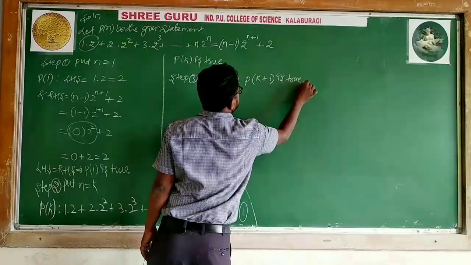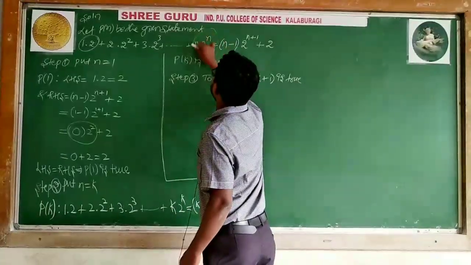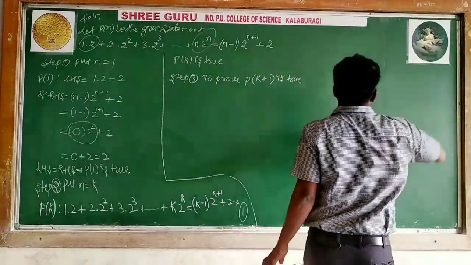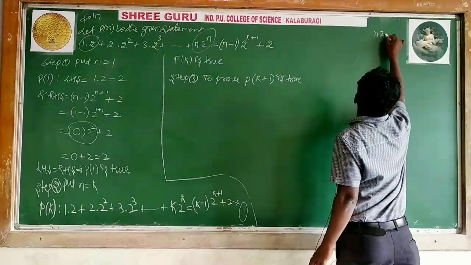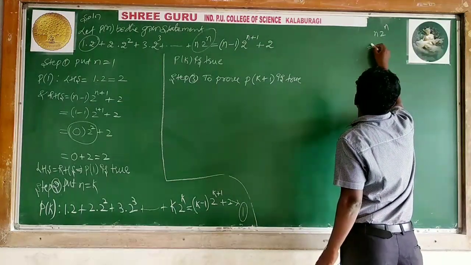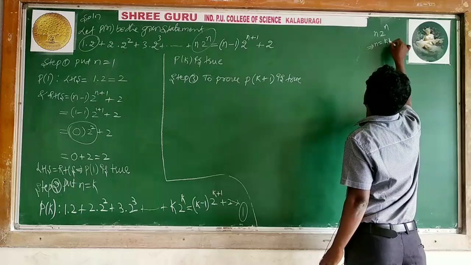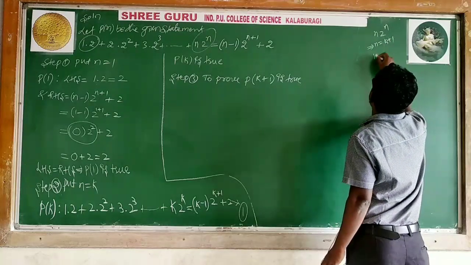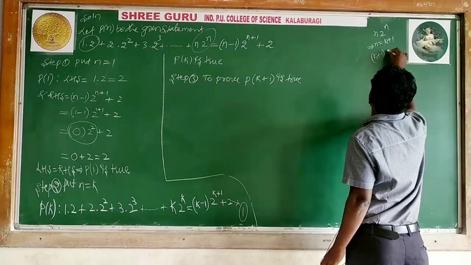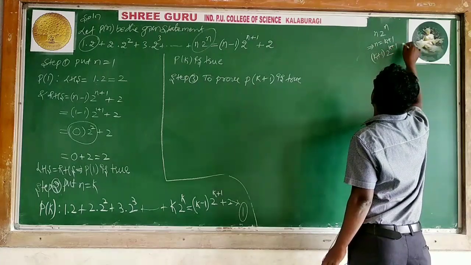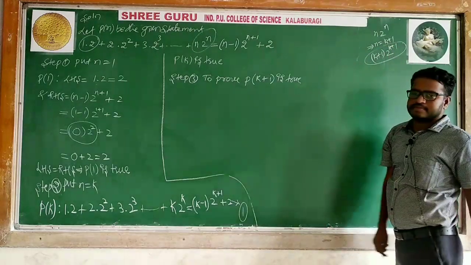What is the last term? Roughly n into 2 to the power n, where n is replaced by k plus 1: k plus 1 into 2 to the power k plus 1. This is the addition term.